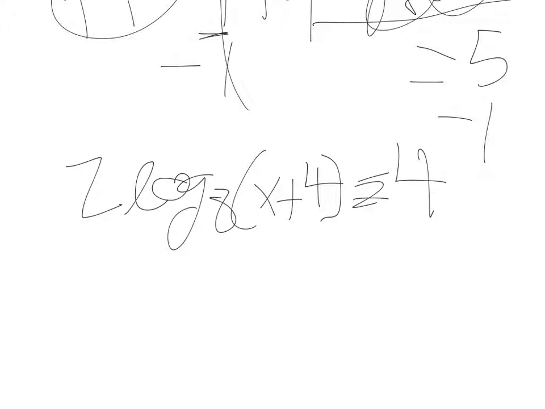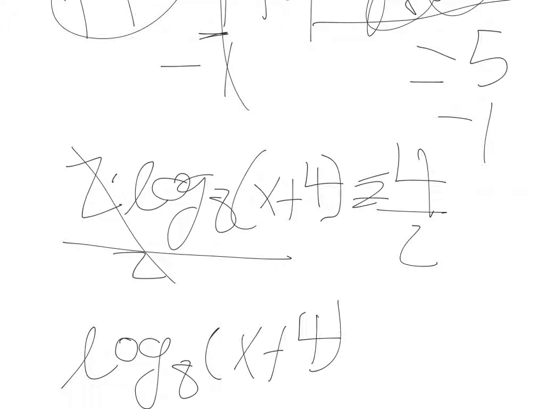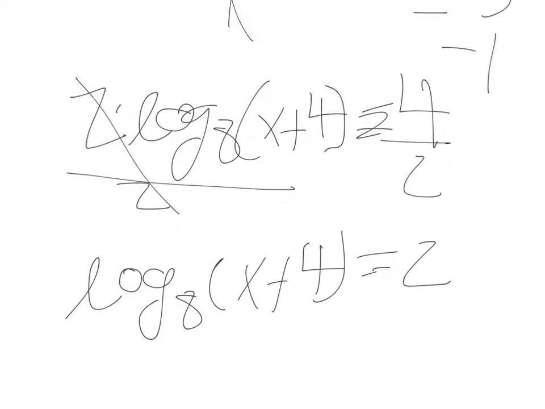Again, trying to get this log by itself, the opposite of multiplication, we're going to divide each side by 2, and I'll get a resulting equation of log base 8 of x plus 4 equals 4 divided by 2, or just simply 2 here.